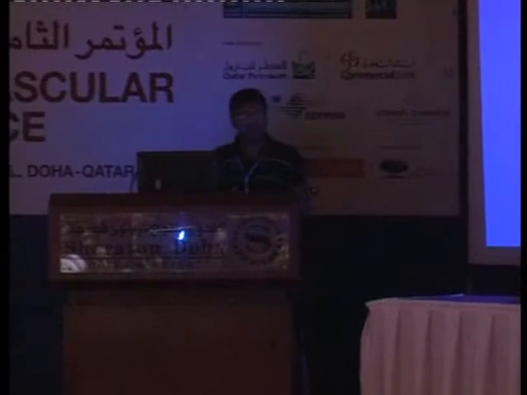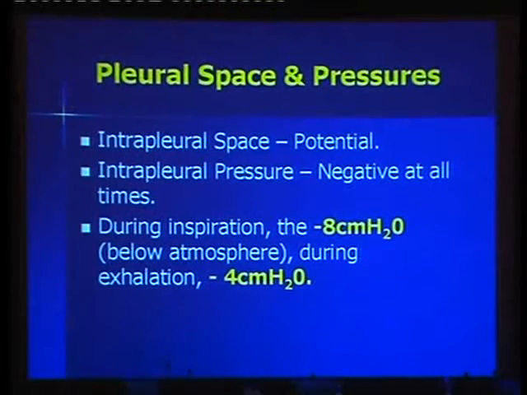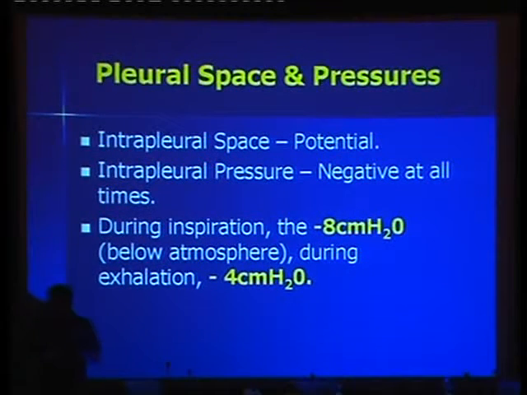Normally, inside your chest cavity, the pressure, as you can see here, is negative. Negative in respect to what? Ask any 10-year-old; they must have been taught in school that the atmospheric pressure is 760 millimeters of mercury. All of us are exposed to the atmospheric pressure when we open our mouth.